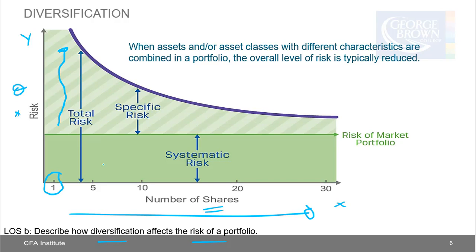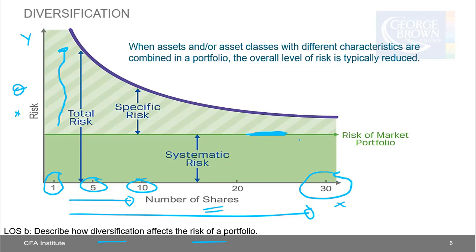Now, as we add different companies to the portfolio, 5 different companies, 10 different companies, you can see the number that is often in these graphs is at around 30. When you get to 30 different companies, you've diversified away and reduced the firm-specific risk, and you're left with the systematic risk that cannot be eliminated from the portfolio.